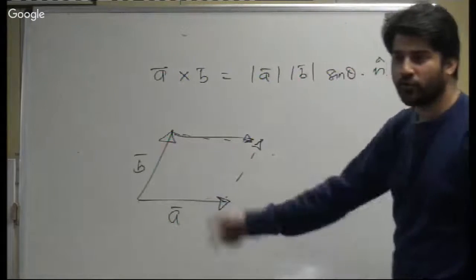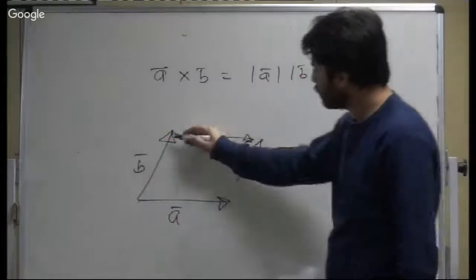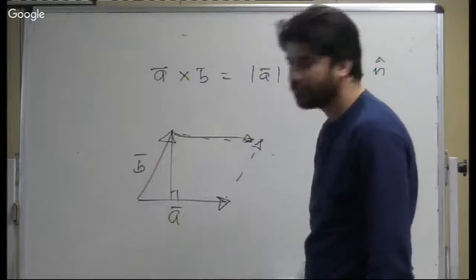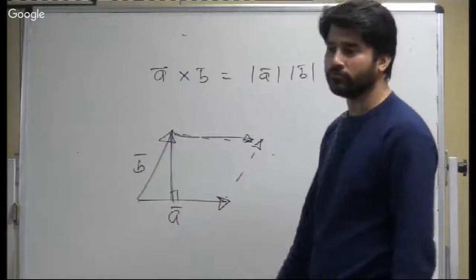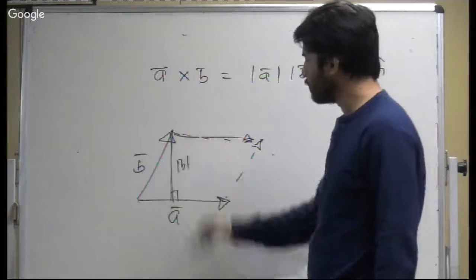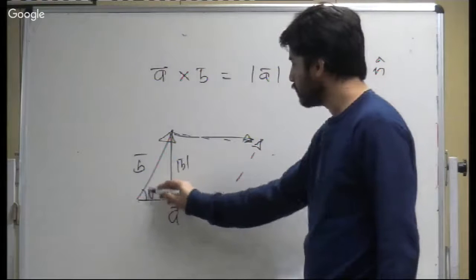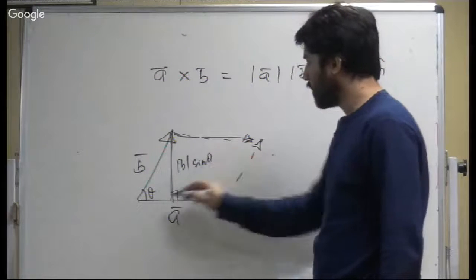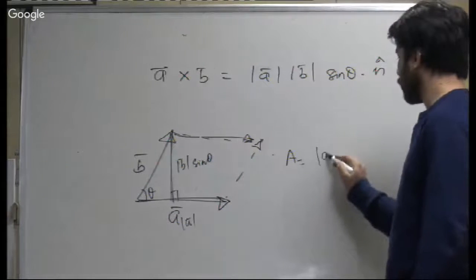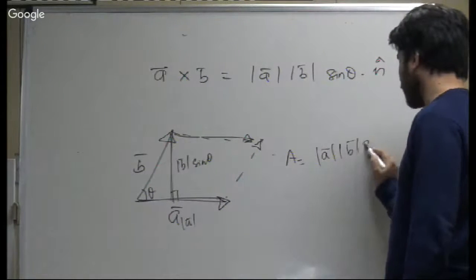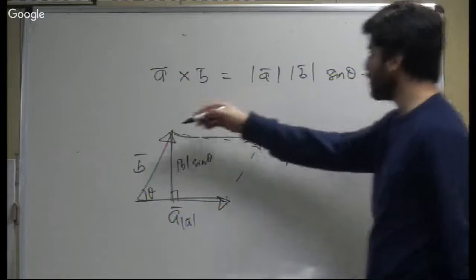I want to find the area of this parallelogram. So base into height is the formula. This is mod B sine theta and this is mod A. So area is going to be mod A mod B sine theta. What is the magnitude going to be?